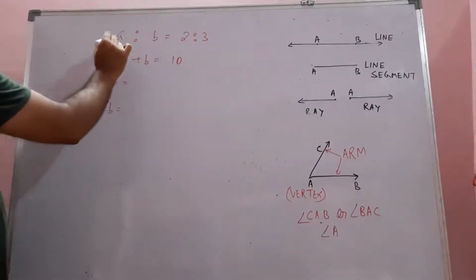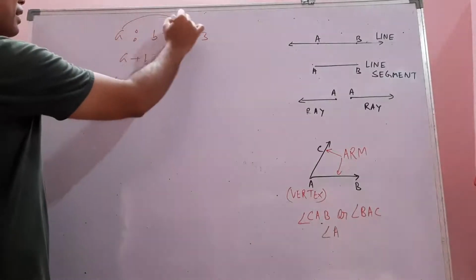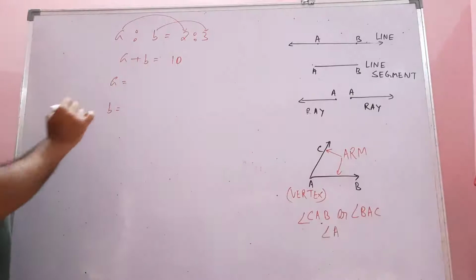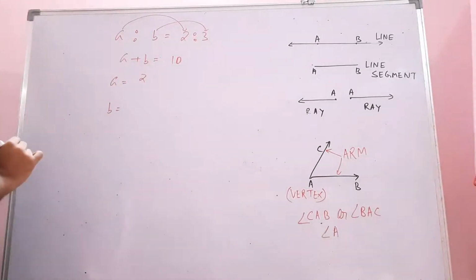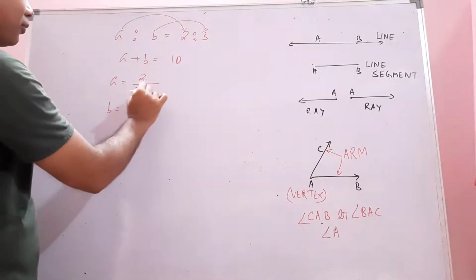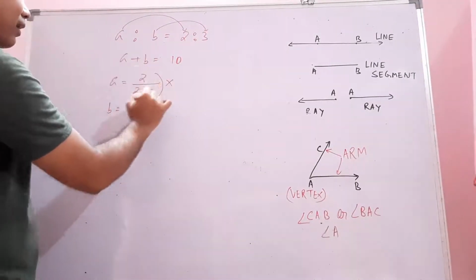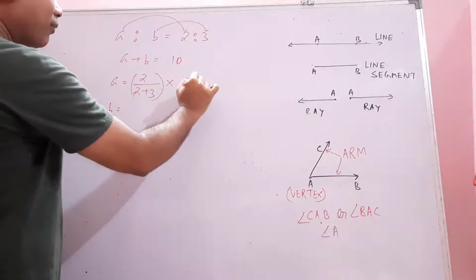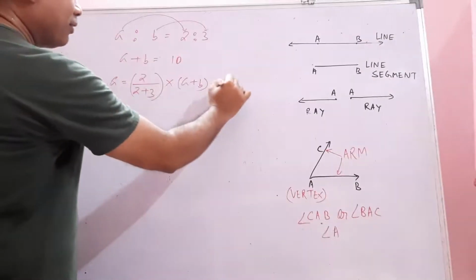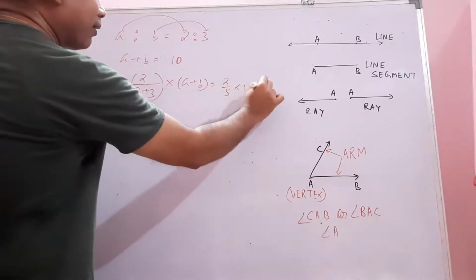See, A is to B is 2:3, meaning 2 is the ratio of A and 3 is the ratio of B. To find A, you write the ratio of A divided by the sum of the ratios, 2 and 3, and multiply this figure with the sum of A and B. That means 2 by 5 into 10, so my answer will be 4.